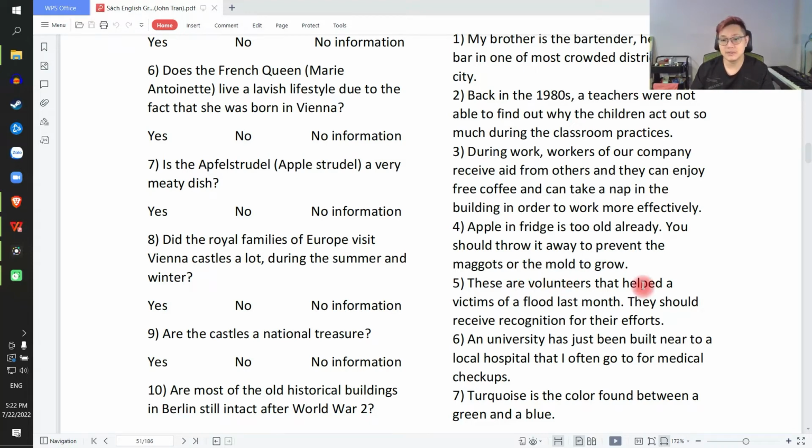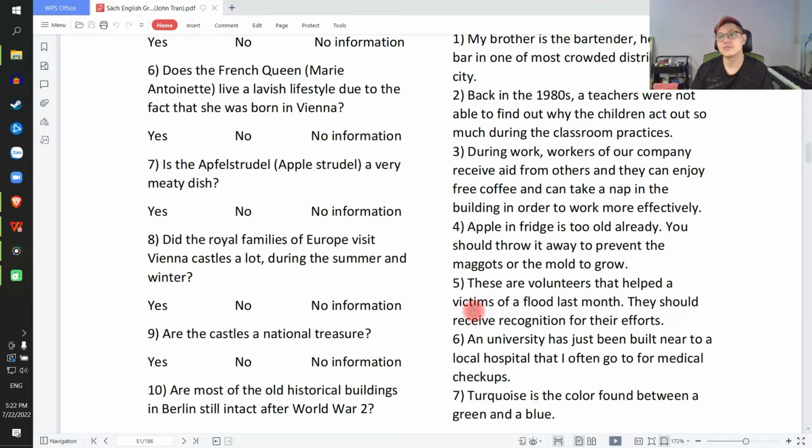Đó chính là những người tình nguyện mà nó giúp những nạn nhân của cái vụ mà lụt lội tháng rồi, cụ thể mà. And here, the victim is actually the victim of the flood last month, because you want to specify like which flood and which victims.